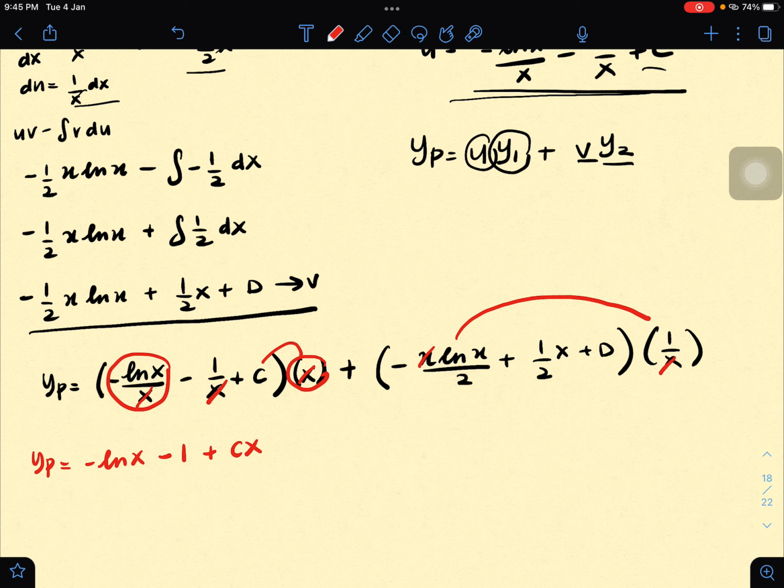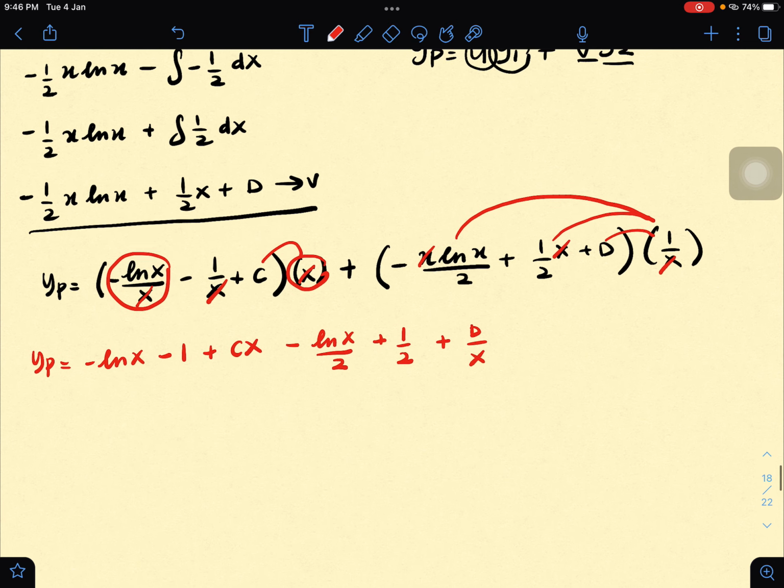So kita tinggal negative ln x over 2. Okay, sama juga yang ini, bila darab, yang ini dengan yang bawah boleh potong. So you have plus 1 over 2. Okay, and then yang ini darab dengan ni, you have plus d over x. Okay, so this one is your yp.